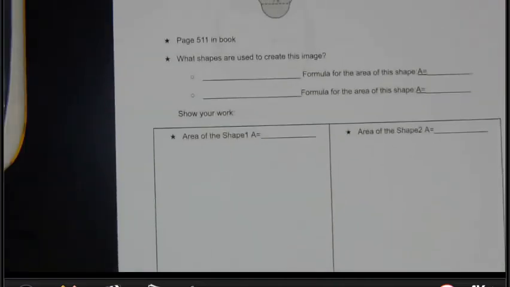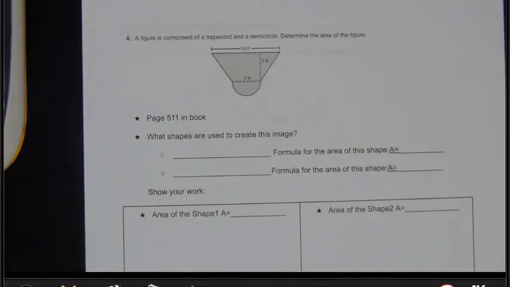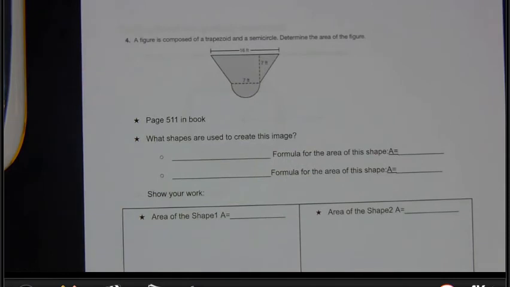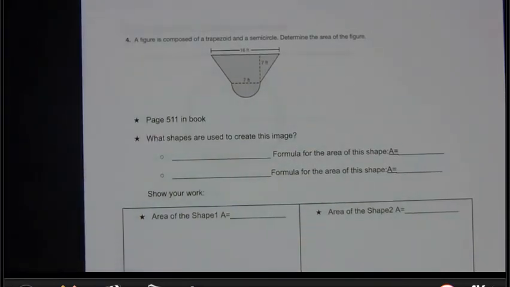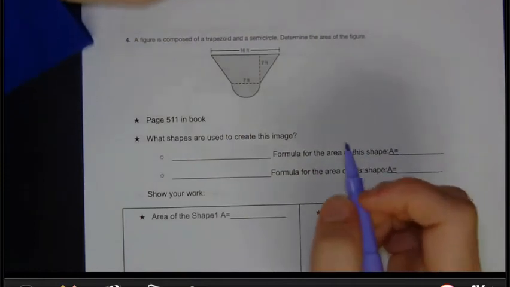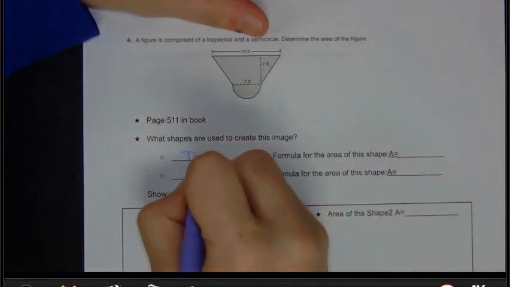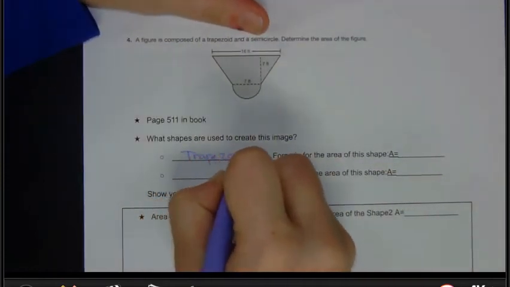All right, let's try one more. Number 4. A figure is composed of a trapezoid and a semicircle. Determine the area of the figure. My first shape is the trapezoid.